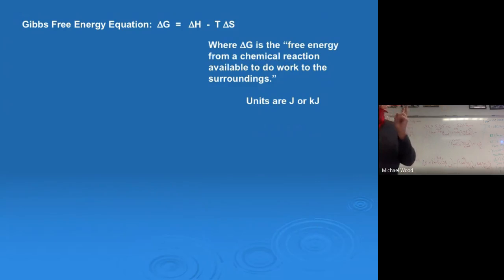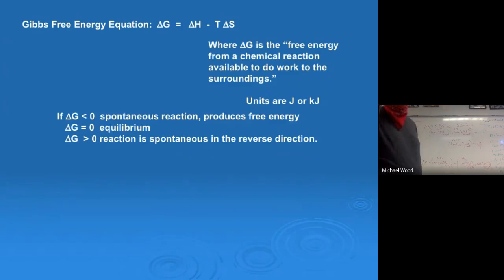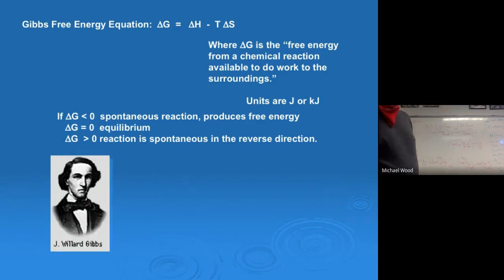Delta G is called Gibbs free energy. Okay, and we're going to look at this, and I'll give you guys a second. This is a key page, probably of the whole chapter. Everything culminates with this.